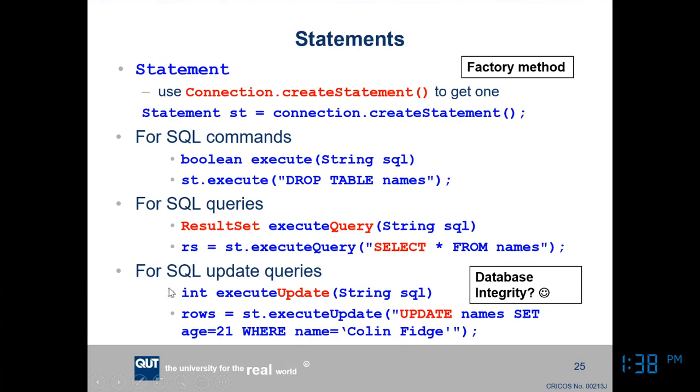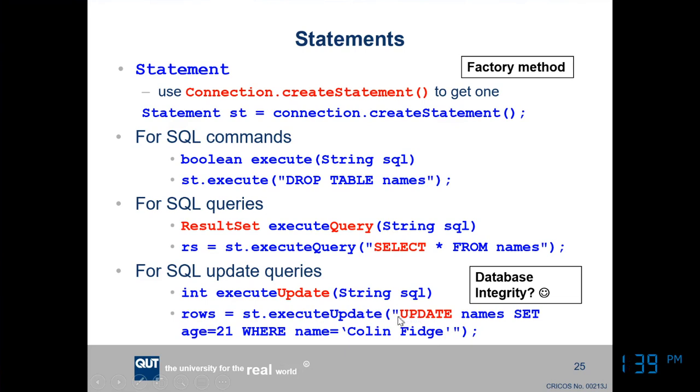For your SQL update queries, so things where you actually change the results in the database, you can make use of executeUpdate, which is designed for SQL commands like this, where you're using, say, an update call to change the contents of that particular database. What it does in that case is return the number of rows that were changed in a particular update.